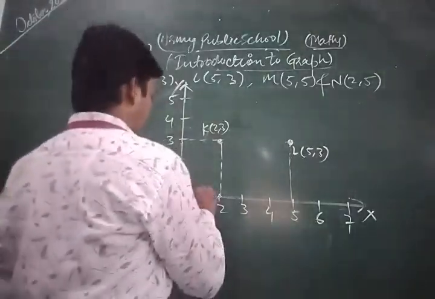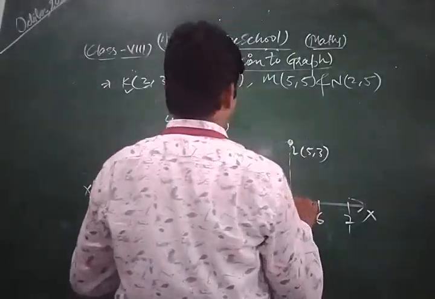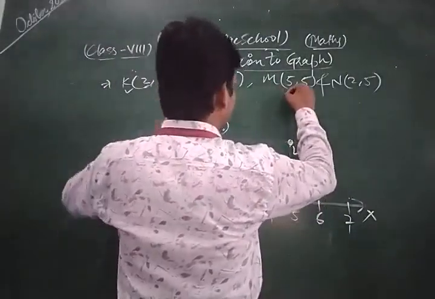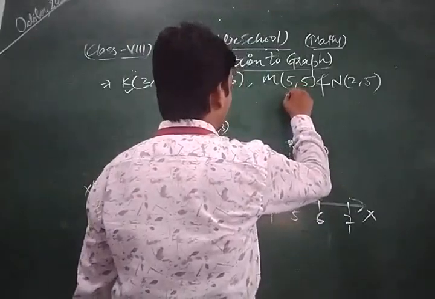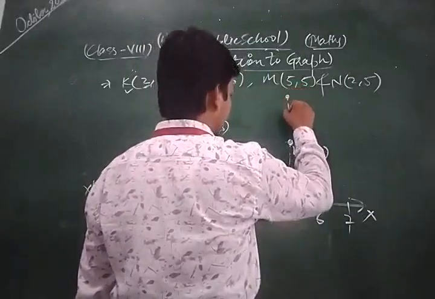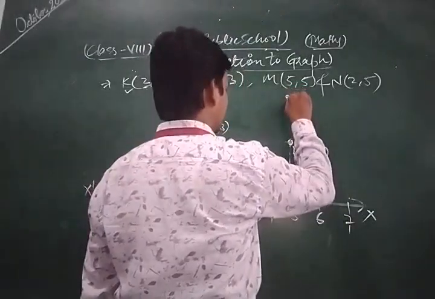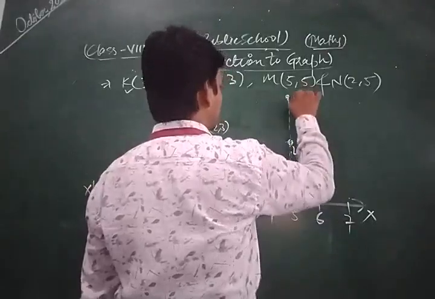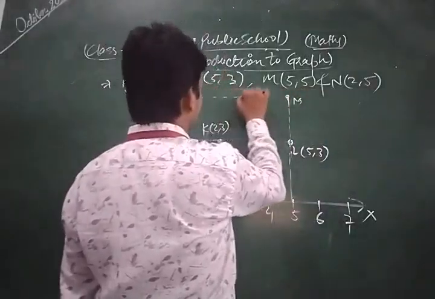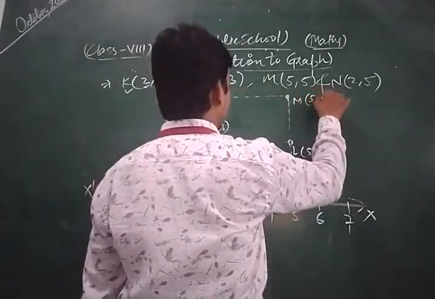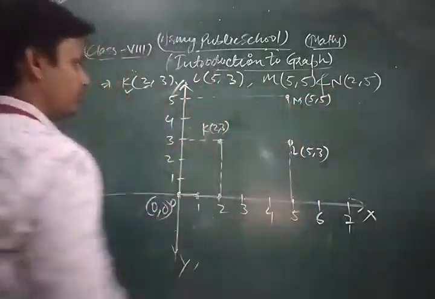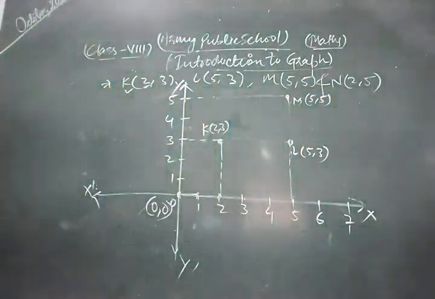So look, 1 2 3 4 5 and 3 4 5. Here this is point M, (5, 5).